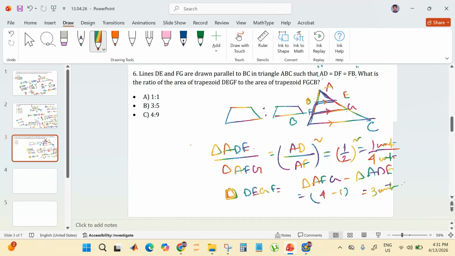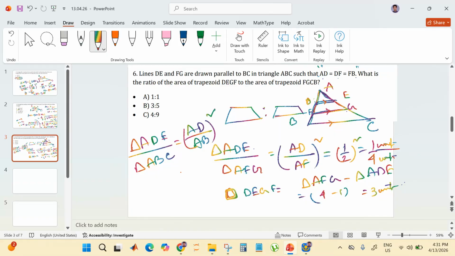Similarly, if I find the area of triangle ADE by the area of triangle ABC, the smallest one and the biggest one, this will be the ratio AD by AB squared.